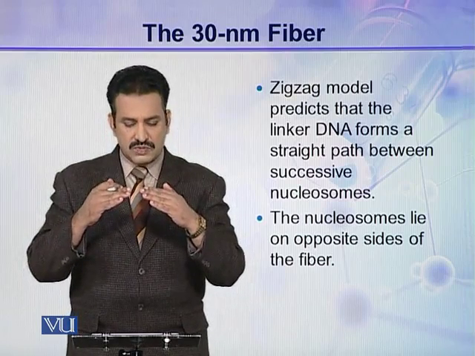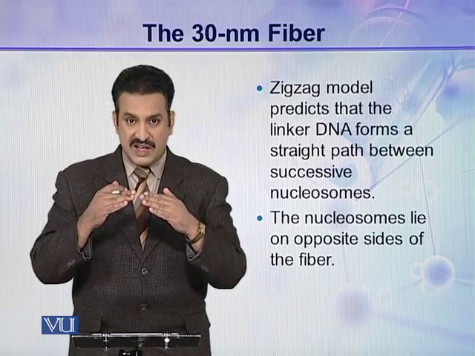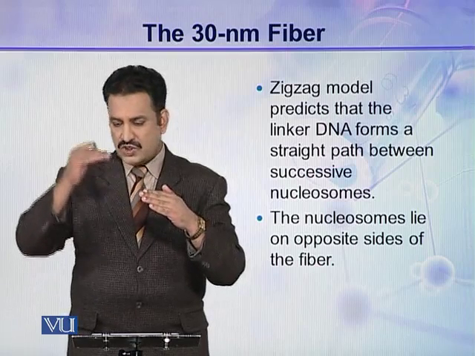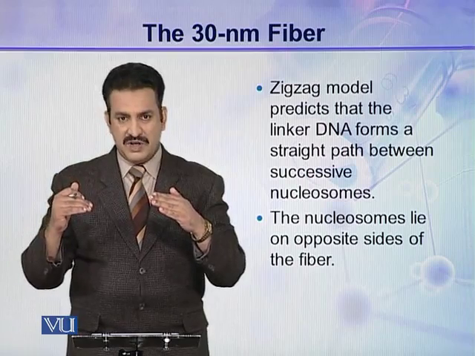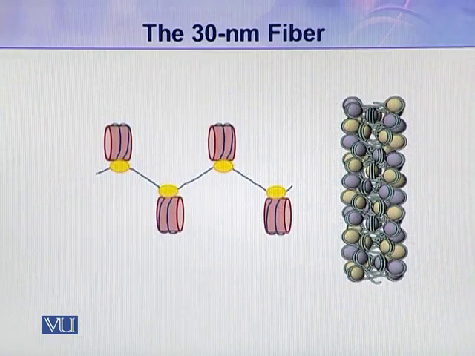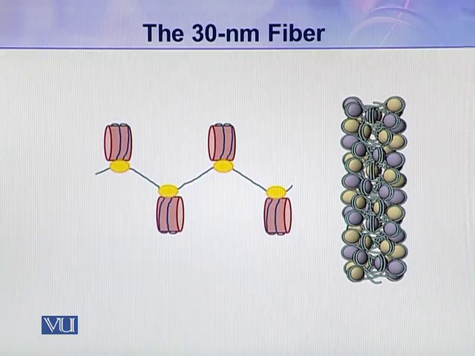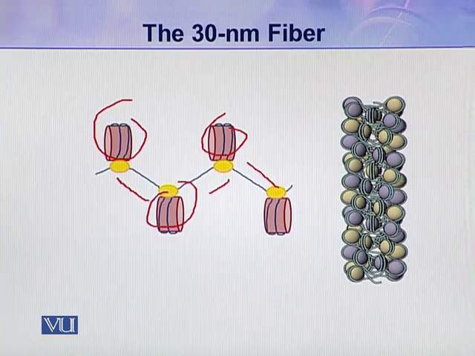The nucleosomes, according to this model, lie on the opposite sides of the DNA fiber. So you can see in this diagram, the nucleosomes lie on the opposite sides. The linker DNA acquires a straight path.